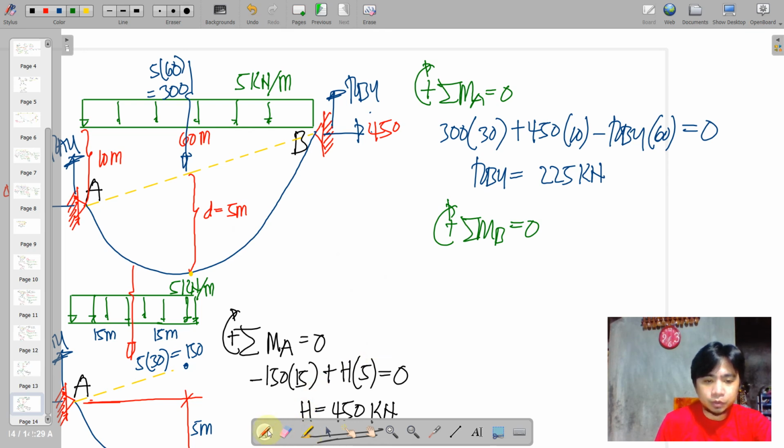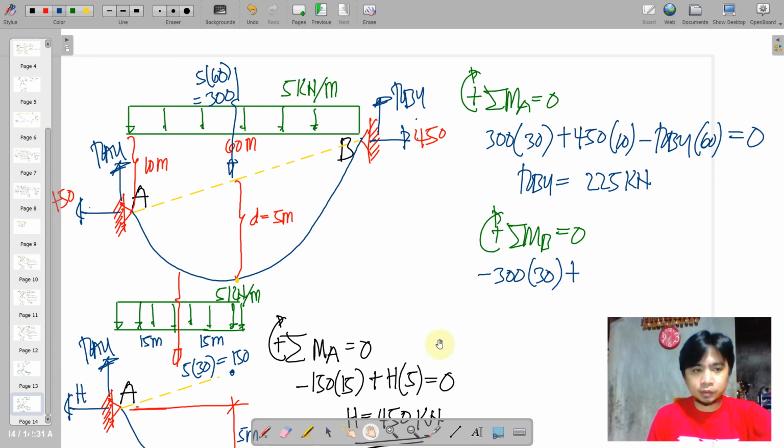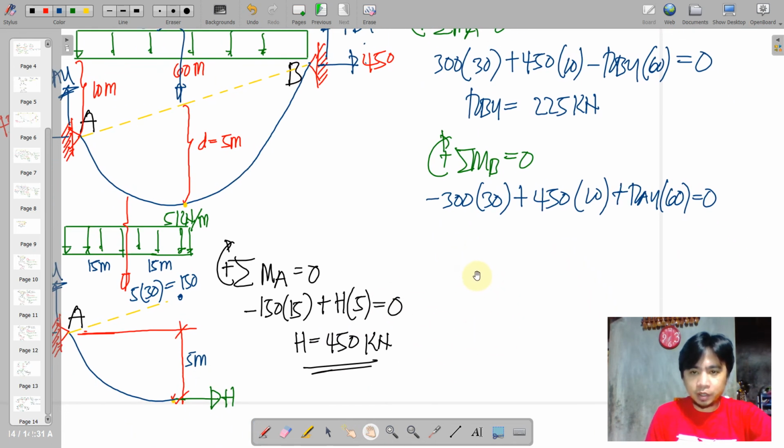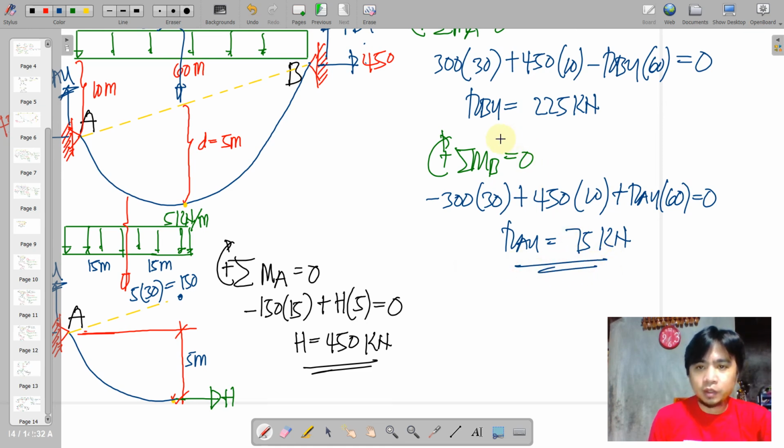Summation of moments at B is equal to 0. We have negative 30 times 300 plus 450 times 10 plus RAY times 60 is equal to 0. So calculating for RAY, it should be equal to 75 kilonewtons.